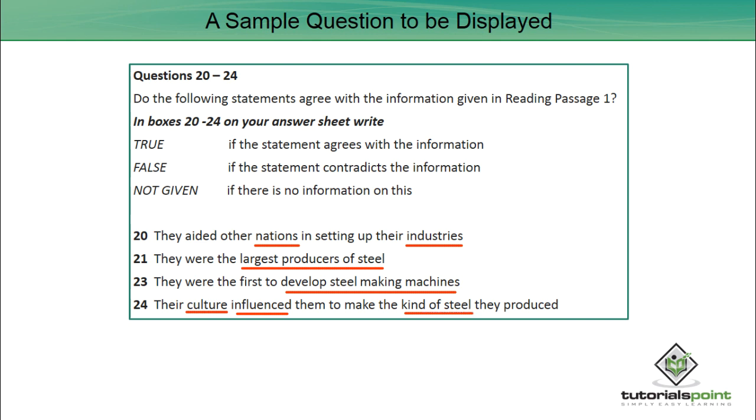So once you have the keywords and you know the gist of what you're looking for, it will be much easier for you to answer your questions and you will be able to answer the questions much faster. So when you're reading the passage, you can actually look up these exact keywords or synonyms of these keywords, and you will be able to locate your answers much more easily and faster than going through the entire passage.